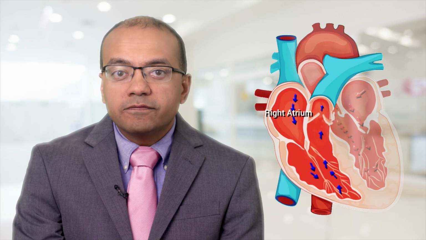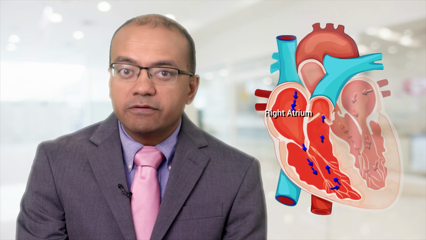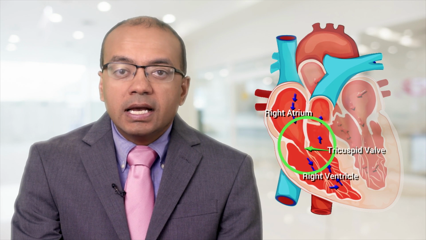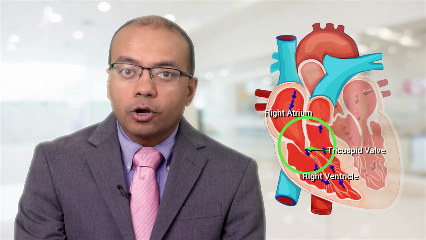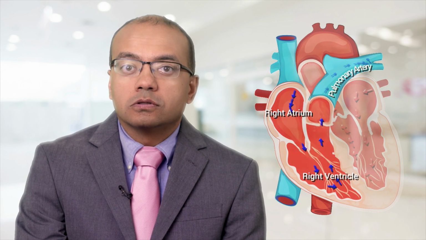And this is a schematic of a heart here, and blue is in reference to deoxygenated blood. That means blood that has gone to the body and is now returning, having delivered the oxygen that the body needs. So it returns via the veins to the right atrium, there on the left side. The blood then flows through the tricuspid valve into the right ventricle on the bottom. And then the right ventricle pumps this blood into the pulmonary artery, which then goes through to the lungs.